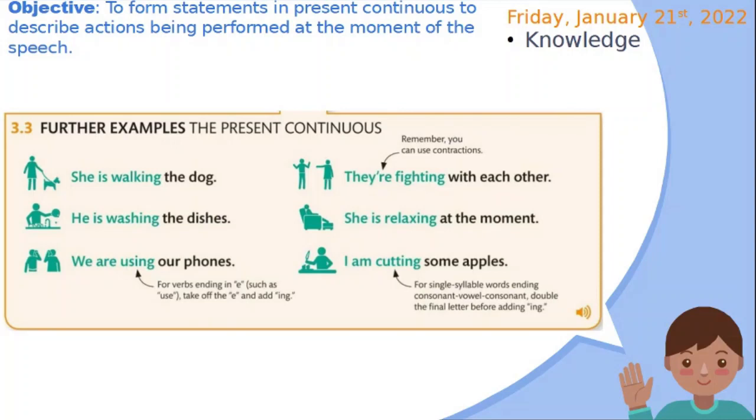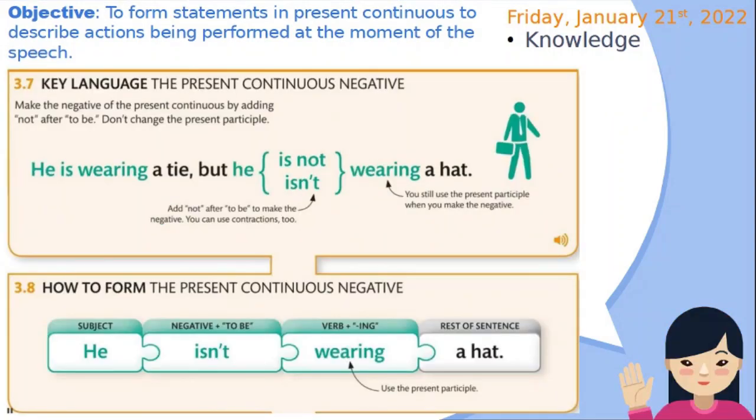Well, there is also a negative form of the present continuous. So let's see the negative form. We make the negative of the present continuous by simply adding the part not after the verb to be, which means we only use the negative form in the verb to be, like in this sentence.